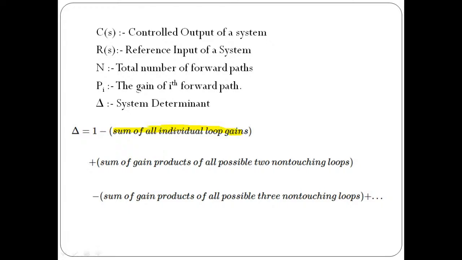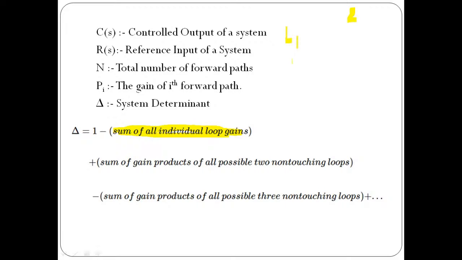So from this first statement, it is very clear that in order to find the value of delta, we need to first identify how many loops are there in the given signal flow graph. So we need to identify and calculate their gain. For example, say we have two loops in the signal flow graph. So we need to find out their loop gain.